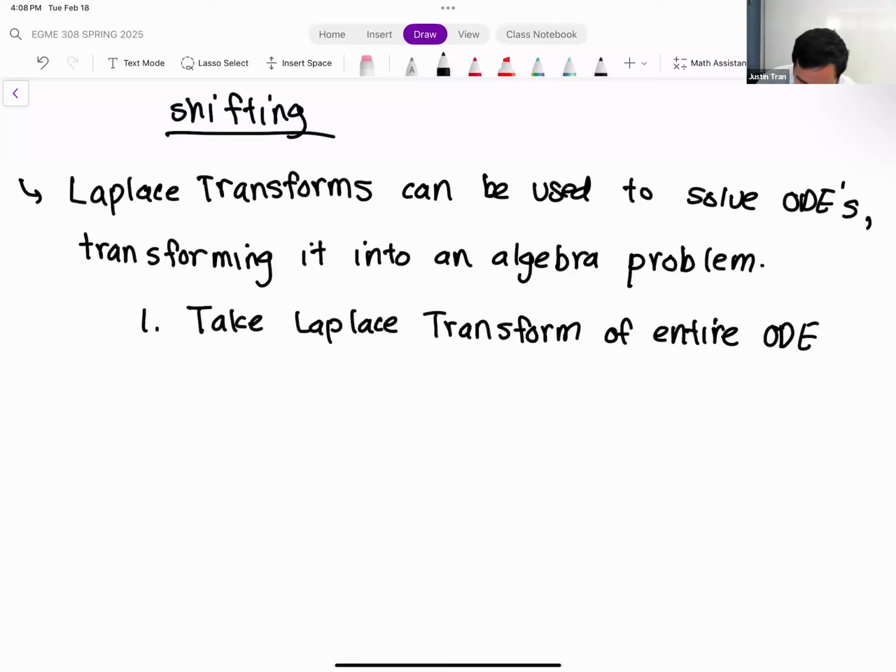Remember at this stage, you're going to be taking Laplace transforms of derivatives, so remember to take those into account as well.